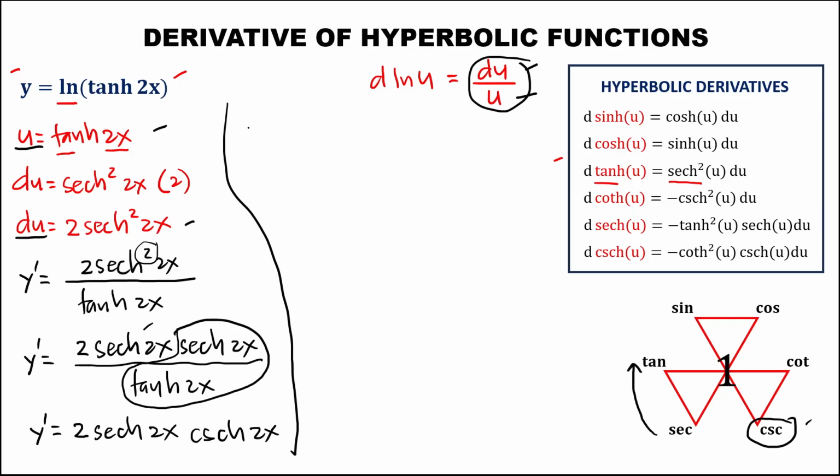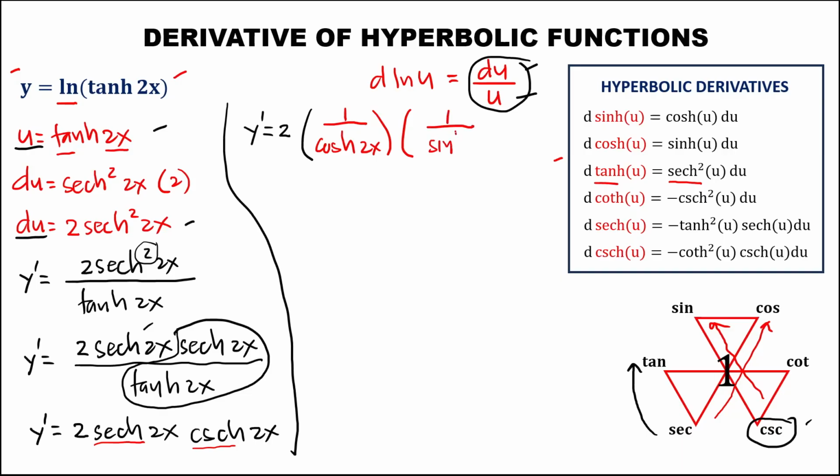Then from this, we can use another identity. So this is 2 times, for this hyperbolic secant, since secant is equal to 1 over cosine, this becomes 1 over the hyperbolic cosine 2x, times, for this cosecant, since cosecant is equal to 1 over sine, this becomes 1 over the hyperbolic sine 2x.